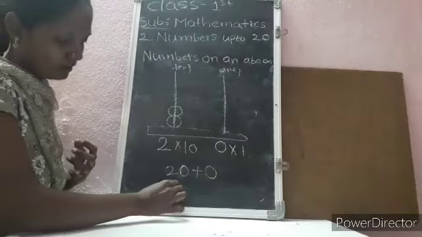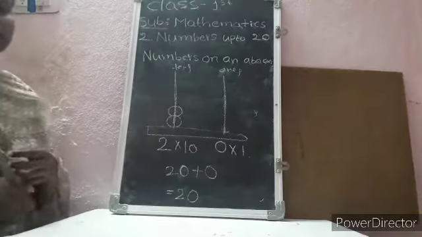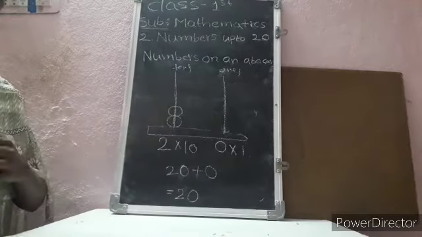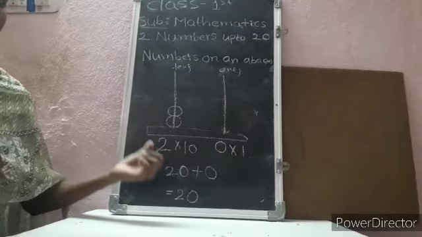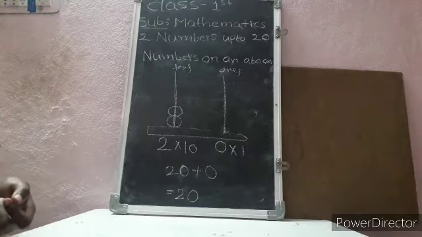So what is the value? What is the number? 20. This abacus shows the number 20. Now see the next question here.